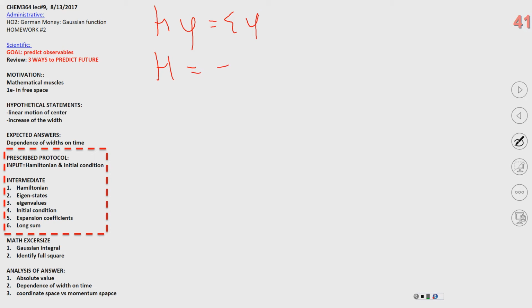H equals minus h bar squared over 2m d squared over dx squared. Why don't we try our favorite function and check whether it will help us to solve this equation? So we can call it a math experiment.